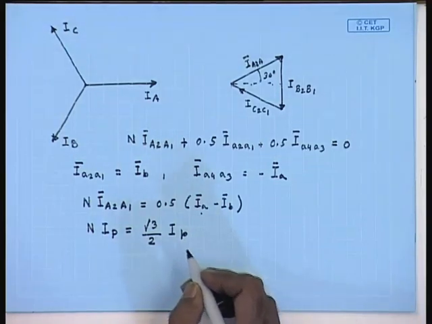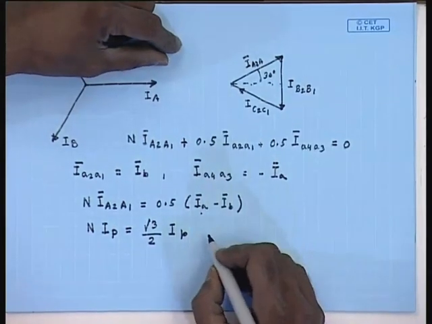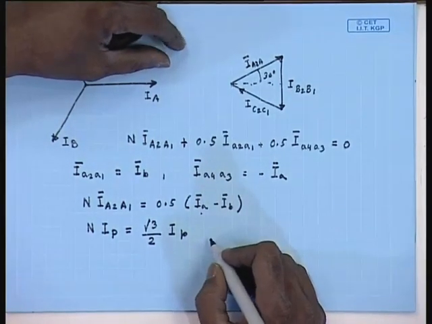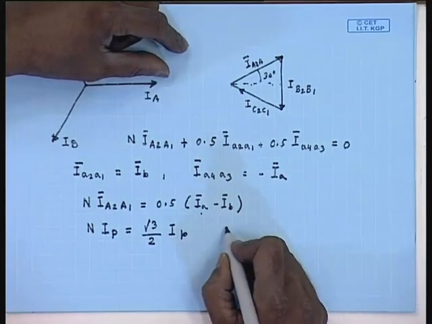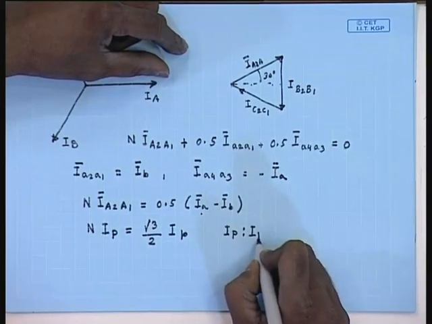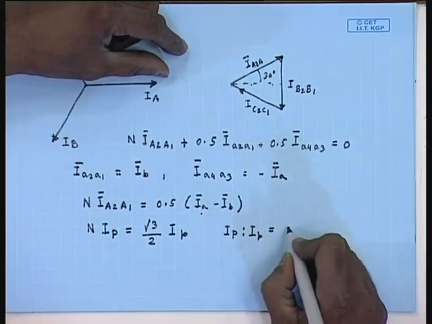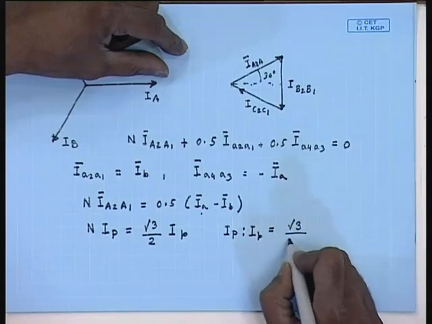Hence, we have I_P is to i_p equal to root 3 by 2n.